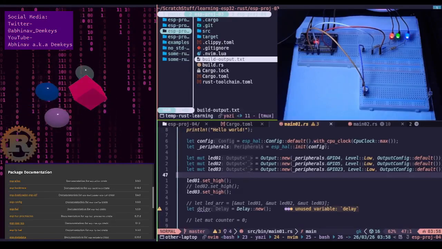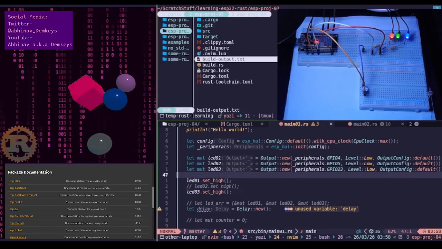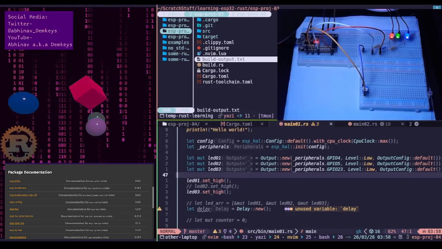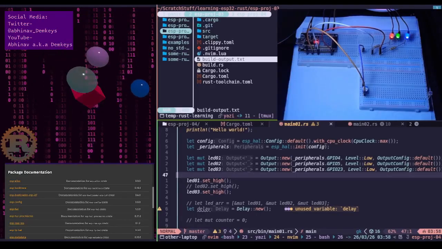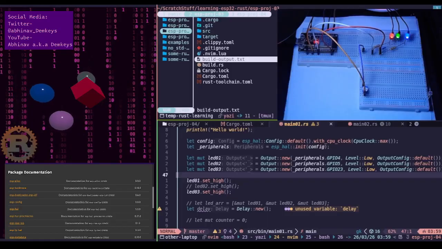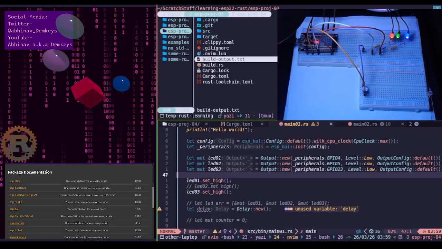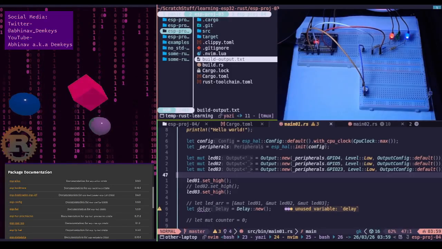I'm going to start with a simple question: I'm doing ESP32 projects using no_std Rust.